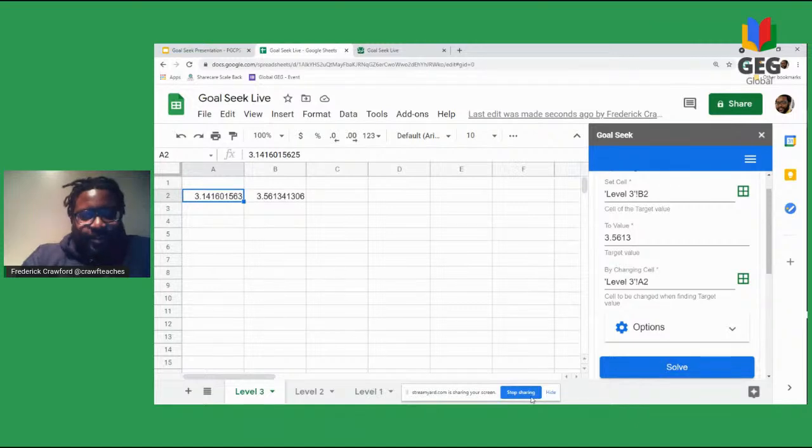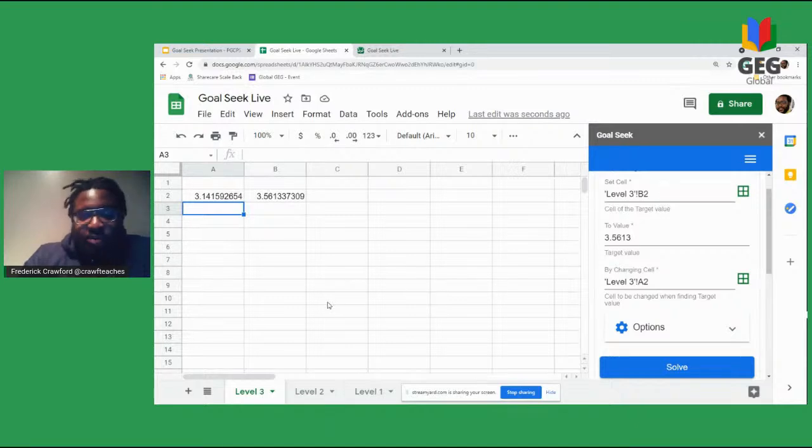All right. And what I can do is, if I want to try pi, I can press equals right here. I can erase this, and then I can press equals pi, then parentheses, parentheses. And look, it already kind of works.